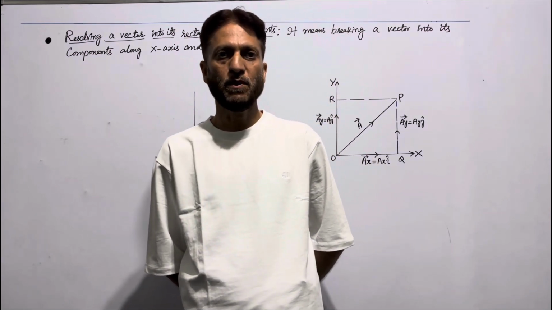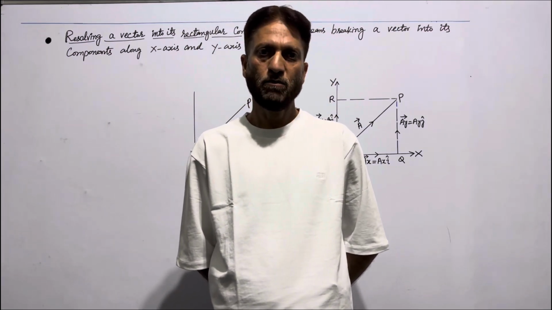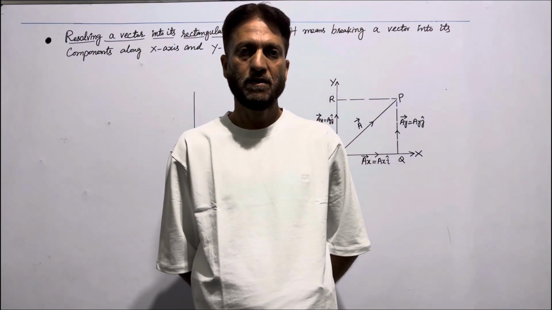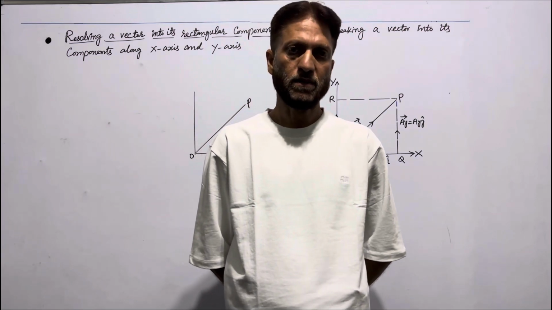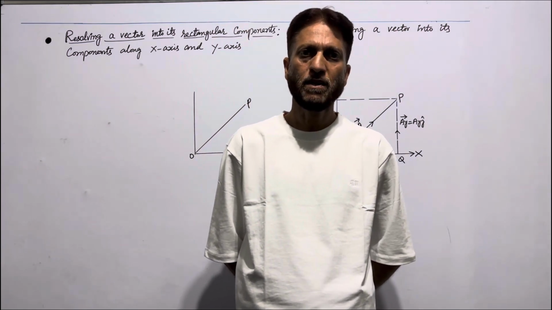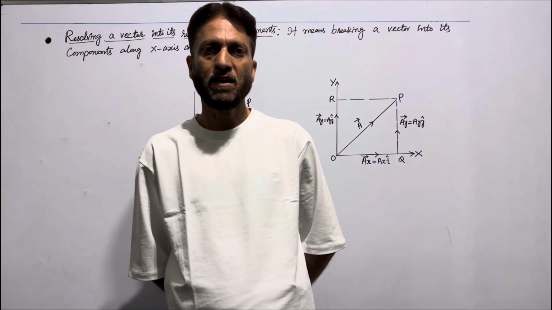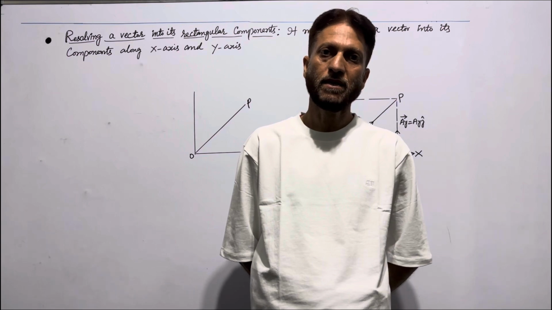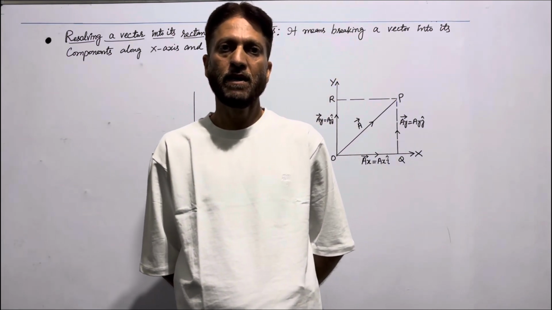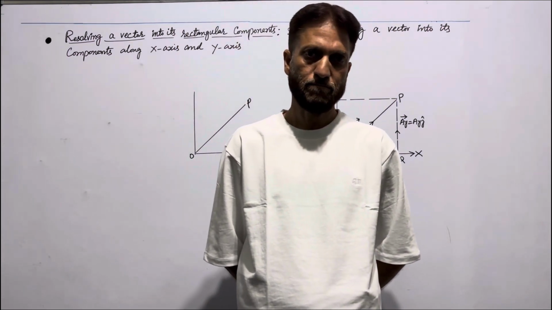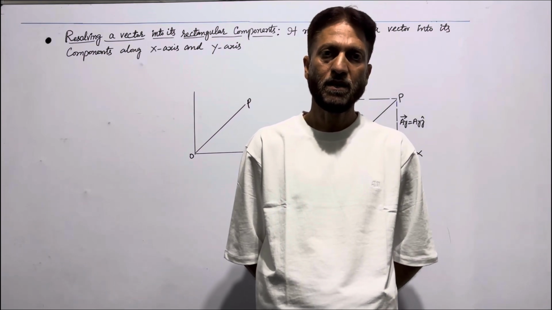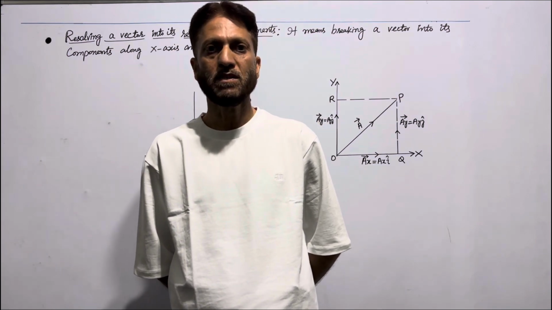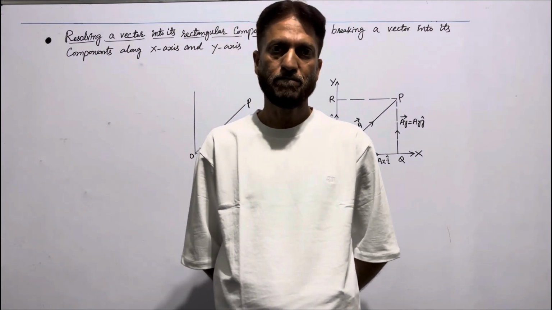Today I will help you in a new topic, that is resolving a vector into its rectangular components. Last lecture में हमने सीखा था how two vectors are added and how we get their resultant by triangle law of addition of vectors. आज हम सीखेंगे कि अगर हमारे पास एक वेक्टर है, इसको रेक्टेंगुलर कंपोनेंट्स में कैसे स्प्लिट करेंगे.